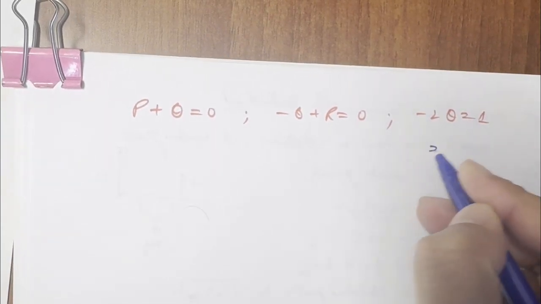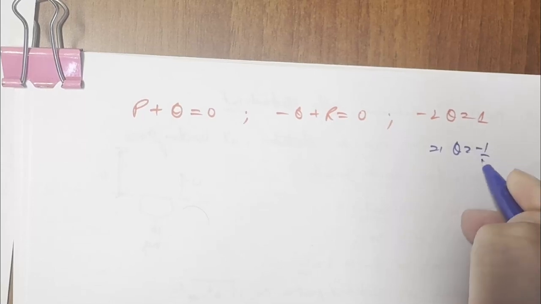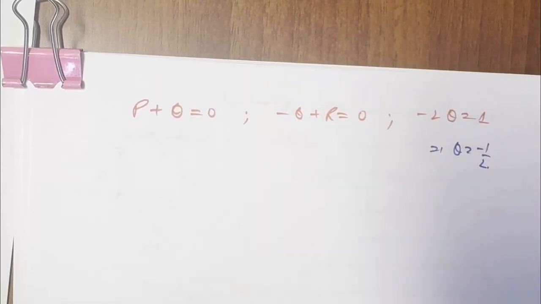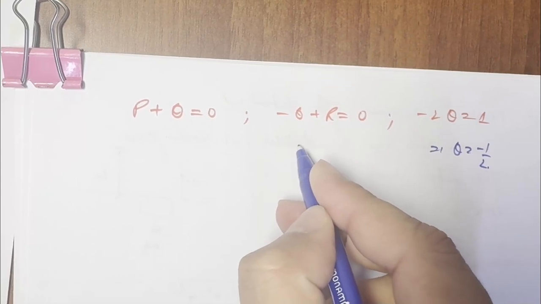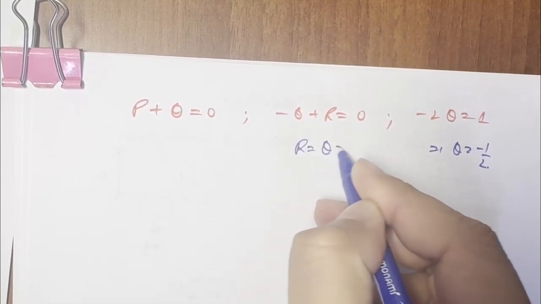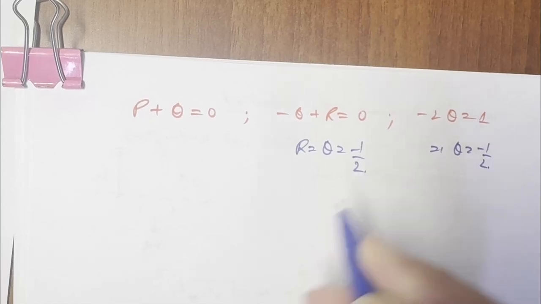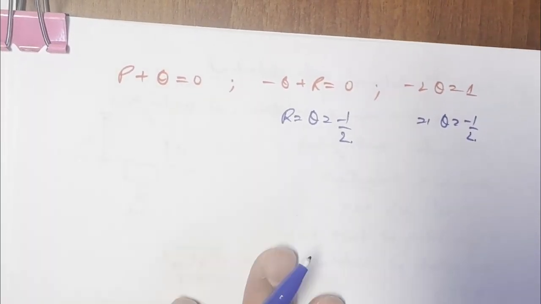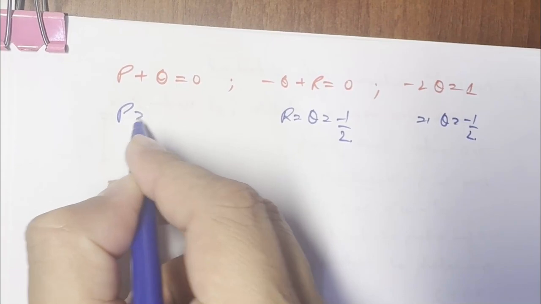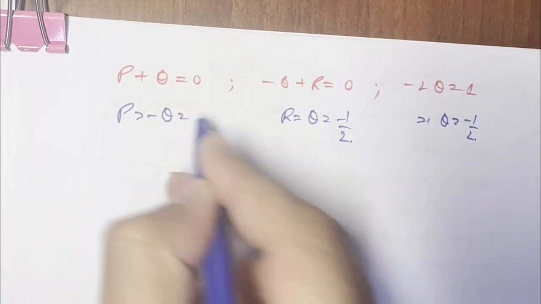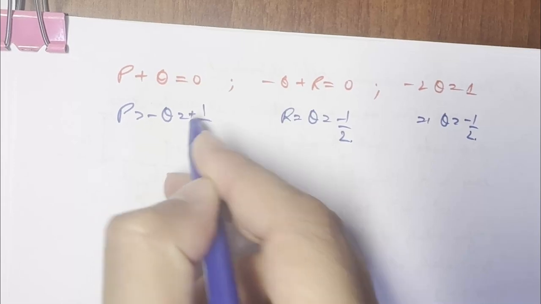This gives Q equal to minus 1 by 2, and R equal to Q, which is minus 1 by 2, and P equal to minus Q, so plus 1 by 2.